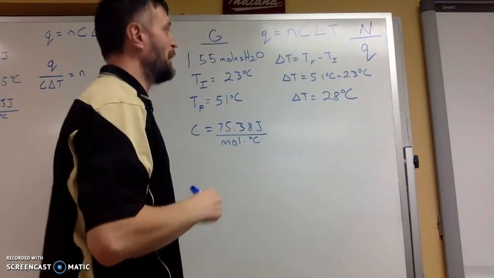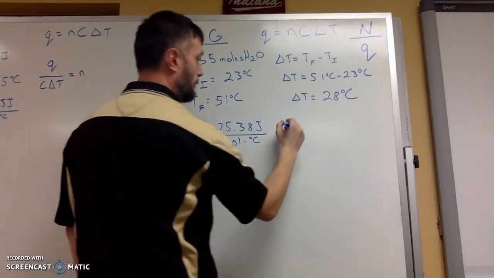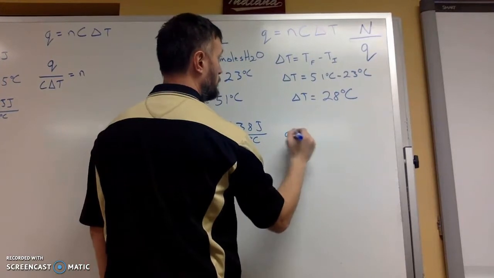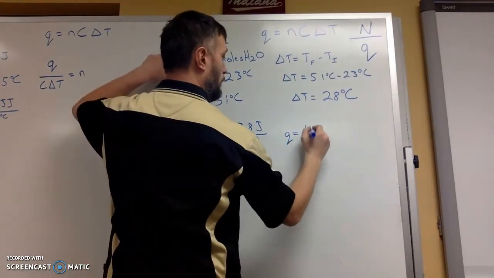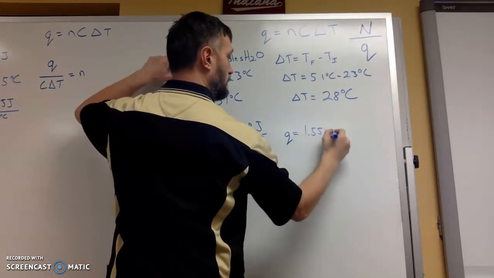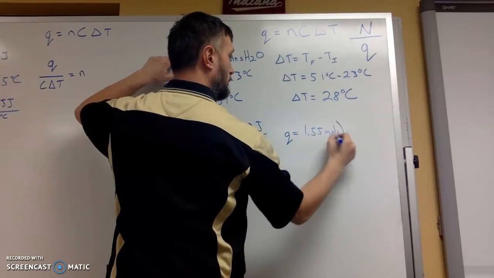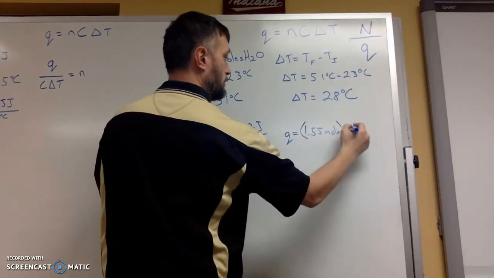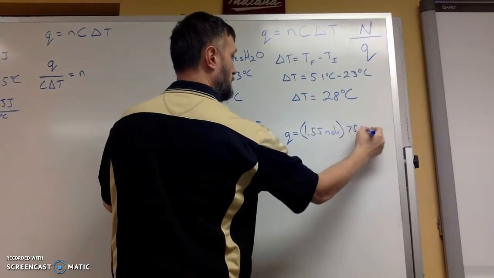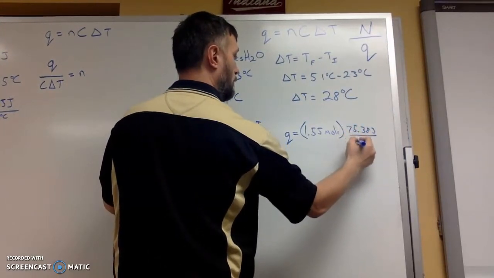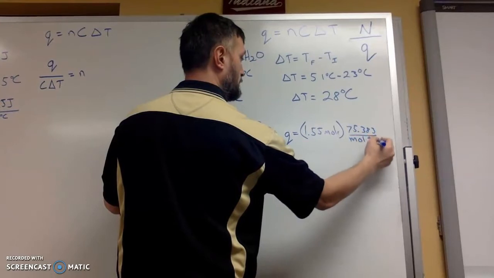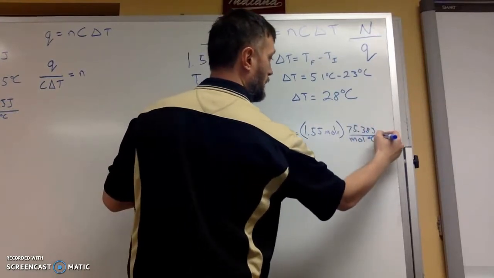So there's our delta T. Now we can just plug and chug. Q equals 1.55 moles, C, 75.38 joules per mole degree Celsius, and our delta T is 28 degrees Celsius.